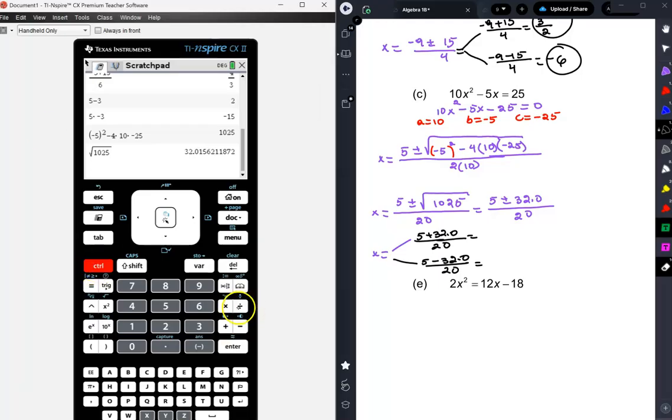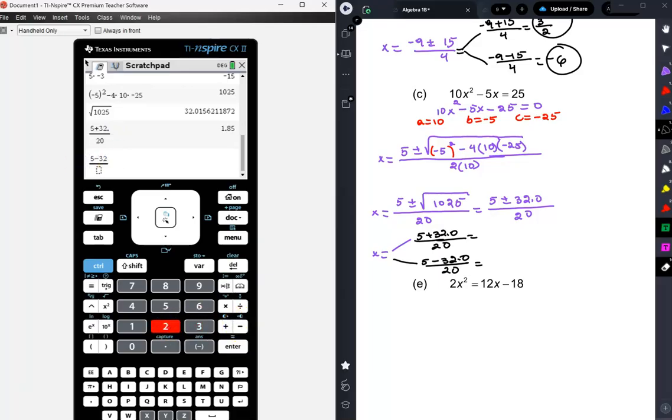I always like the fraction button first because then it's a mess with the parentheses and everything, okay? Please don't do it without the fraction button. So now I get 5 plus 32.0 over 20. And then I'm going to do in the fraction 5 minus 32.